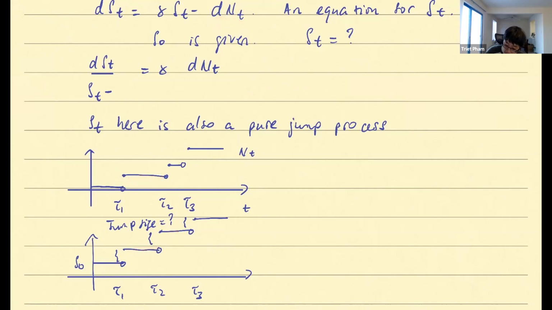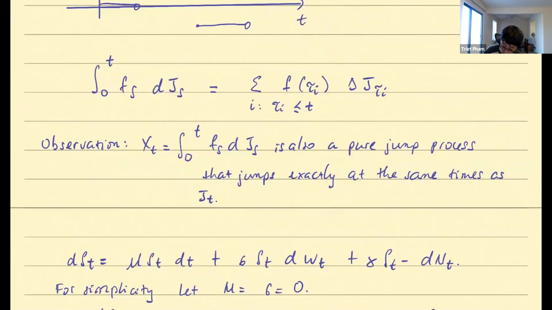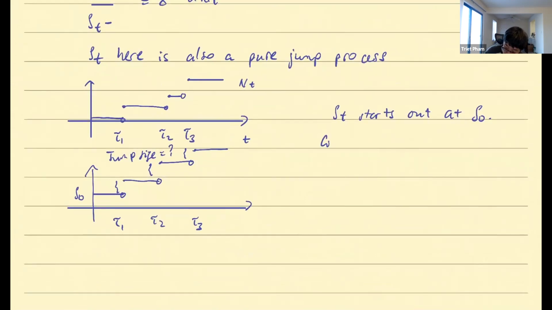So the only question left is the jump size. S_t starts out at S0, whatever that is, $100. It will continue to be S0 until tau 1.